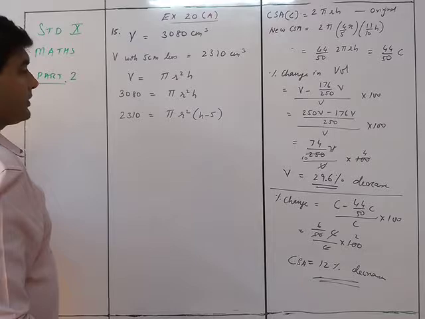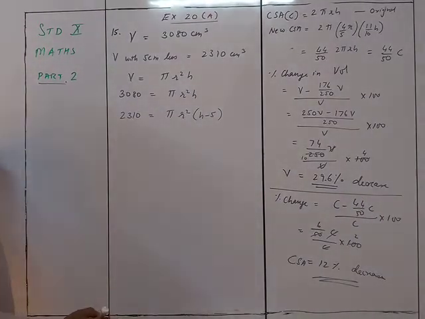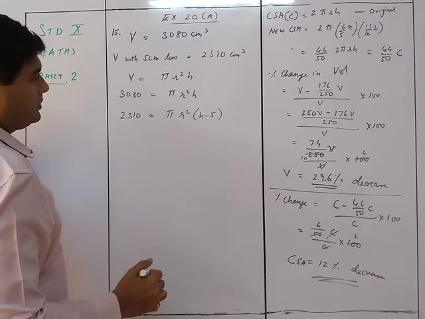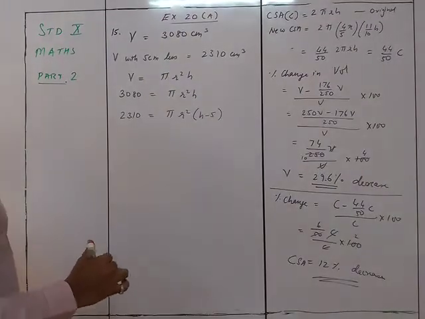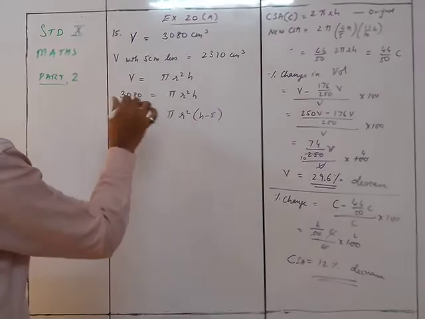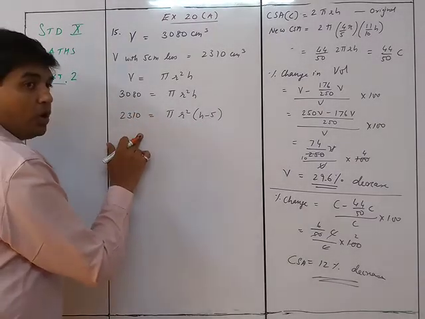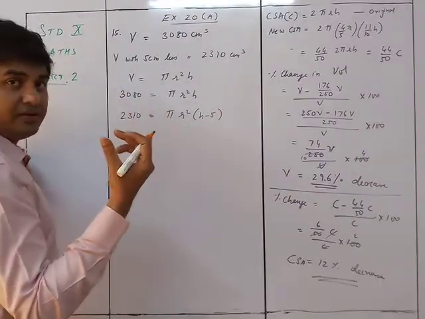Okay. So now what we can do is take the ratio, or else what best can be done. Okay, now we can see the volume of that 5 centimeters which is unfilled.